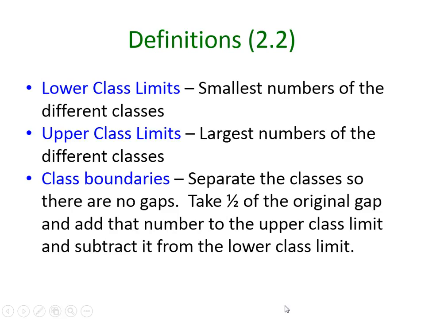So if we were talking about ages, if you did 10 to 19 and then you did 20 to 29, then the boundary would be at 19.5. Again, not an age that you'd be categorizing, but it's still saying that that is where it would split. So everybody would either be 19 or 20. You're never going to see that 19.5 when you're talking about those boundaries.